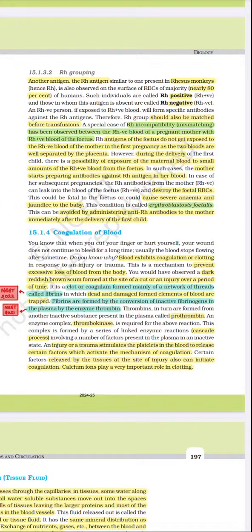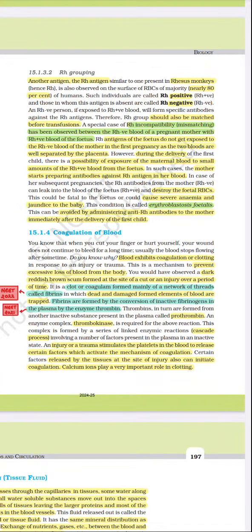In such cases, the mother starts preparing antibodies against the Rh antigen in her body. In case of a subsequent pregnancy, the Rh antibodies from the Rh negative mother can leak into the blood of the Rh positive fetus and destroy the fetal RBC.